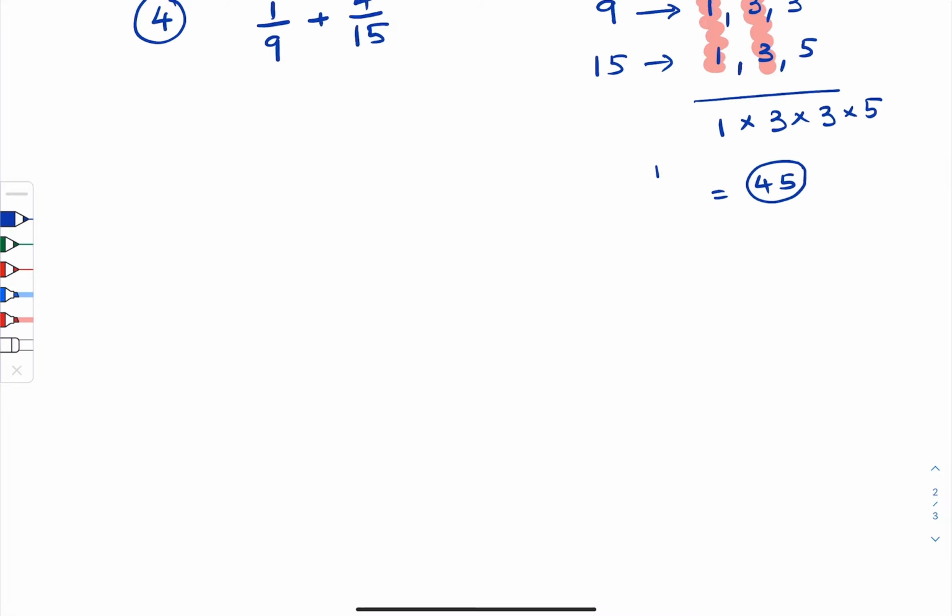So my LCD is 45. I'm going to take the first fraction and ask myself, 9 goes into 45 5 times, so the first fraction gets multiplied by 5. And 15 goes into 45 3 times, so 3 times 4 over 3 times 15.